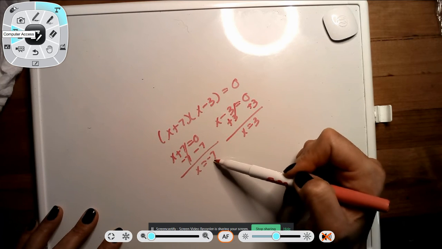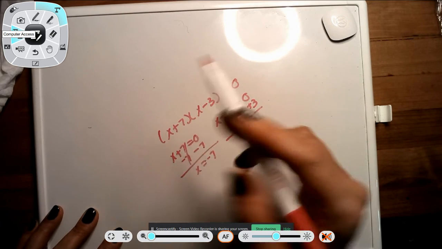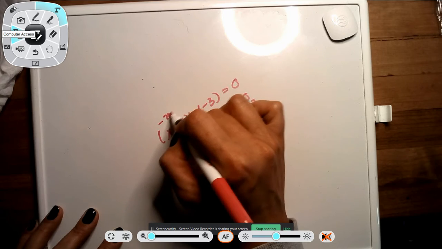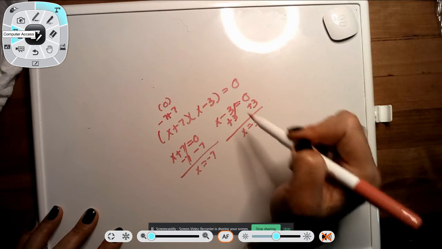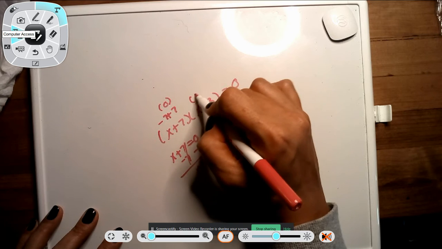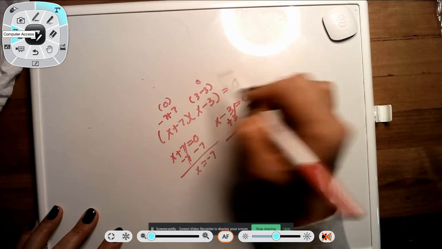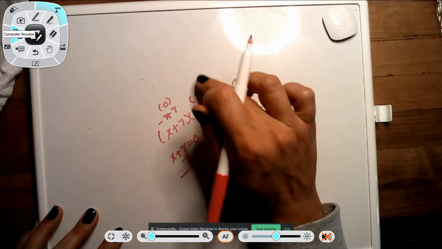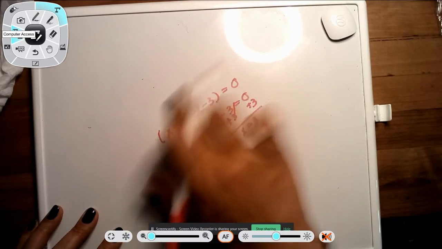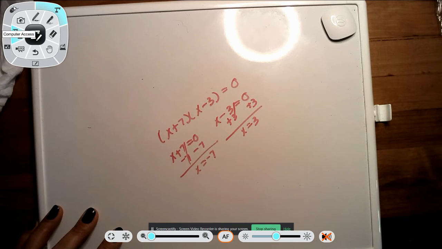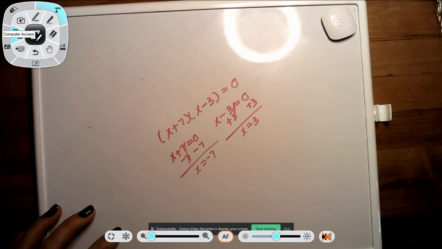For example, if I plug my negative 7 back in up here, negative 7 plus 7 is 0. If I plug in 3, 3 minus 3 is 0. So either negative 7 or positive 3 would make my answer 0.